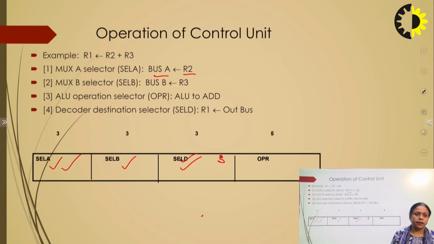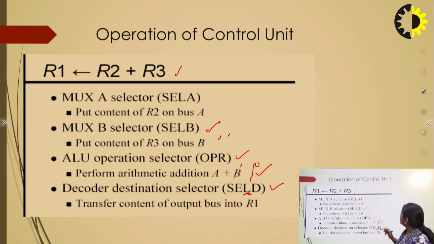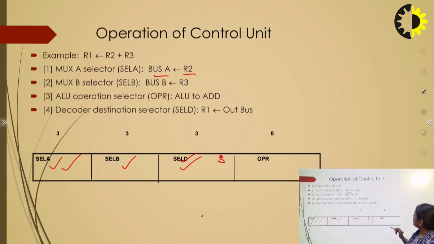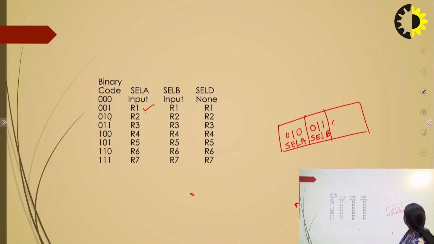In SELD, we will have the decoder selector input. After the addition, the content is transferred into R1. So, we will have the value 0, 0, 1 here, because the destination register is R1.